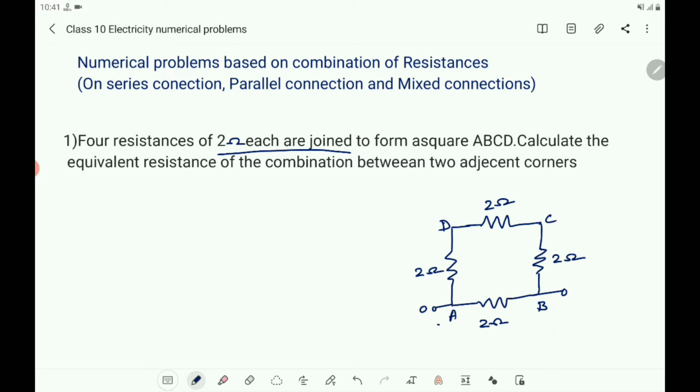So let us write the solution step by step. First you write that the arrangement of 4 resistances of each 2 ohm is shown in the figure.